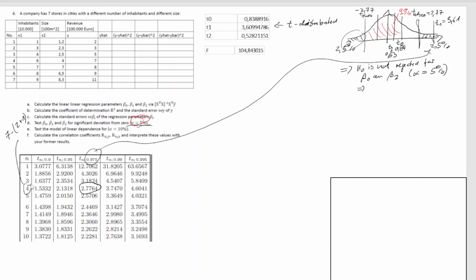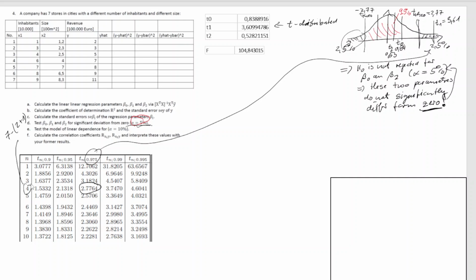So these two parameters do not significantly differ from 0 for alpha, of course, equals 5%.